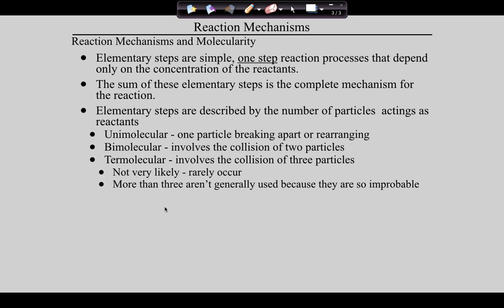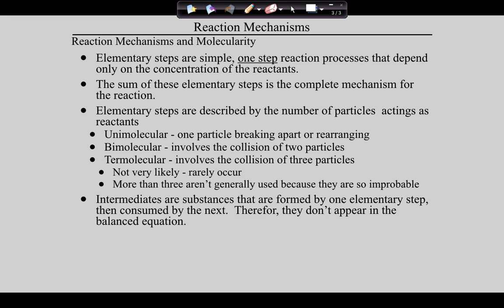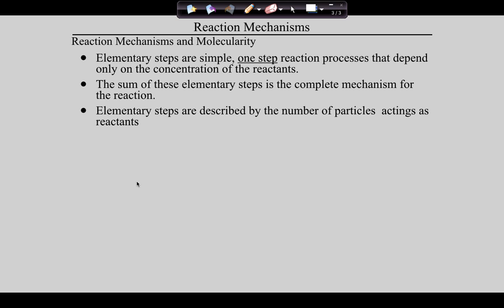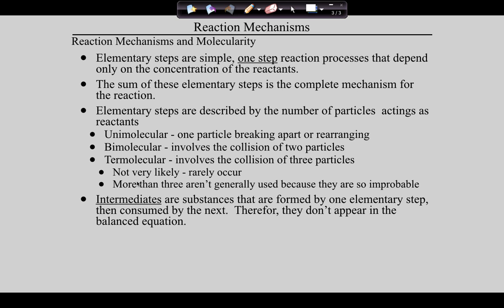So guys, you good with this idea of molecularity and the likelihood of these things happening? Okay, so with that said, there's another term that you need to know, and it's this. I want to underline this. It's going to be important to us as we get into this. It's the idea of what are called intermediates. When we start talking about these mechanisms, many times one elementary step will create a product that then immediately gets consumed in the next elementary step.